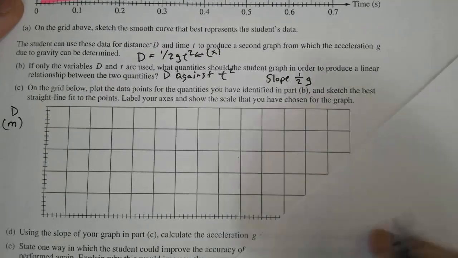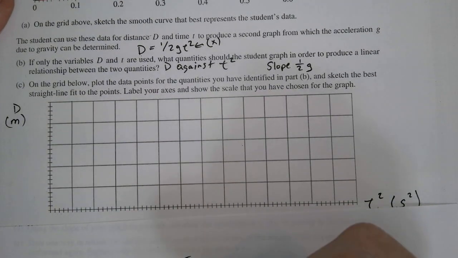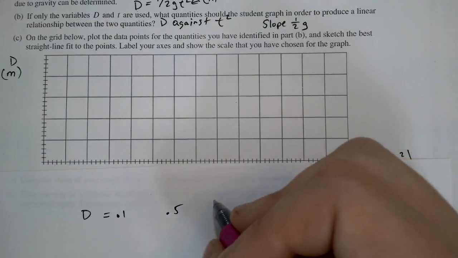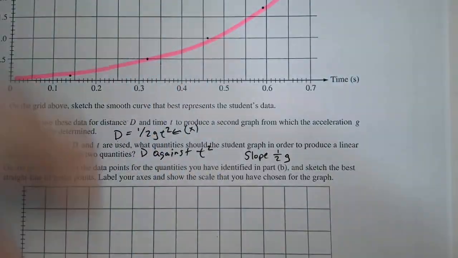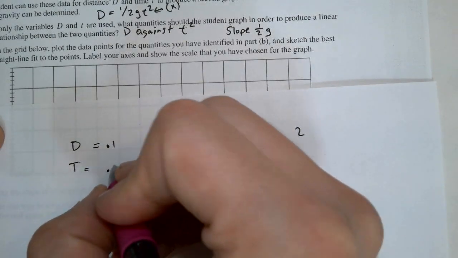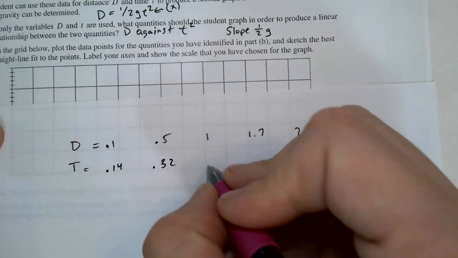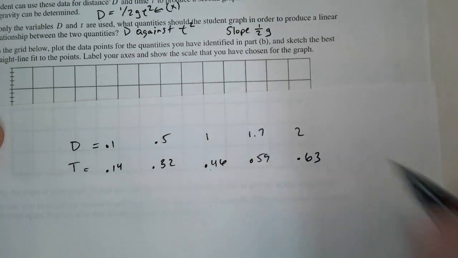I'm going to rewrite the data real quick, so that I can hold them both on the same piece of the camera. So we have distance was originally 0.1, then 0.5, then 1, 1.7, and 2. And then time was equal to originally 0.14, 0.32, 0.46, 0.59, and 0.63, and that was in seconds.